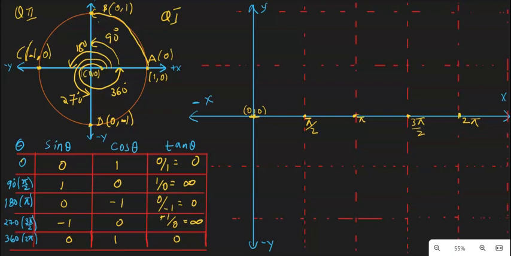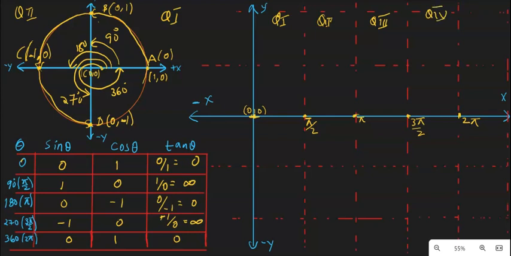From 0 to 90 degrees, it's quadrant 1, from 90 to 180 degrees, quadrant 2, from 180 to 270 degrees, quadrant 3, and from 270 to 360 degrees, quadrant 4.